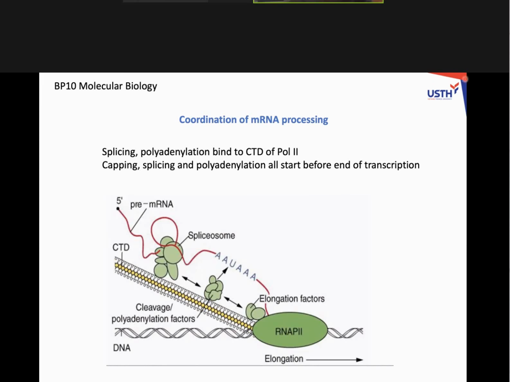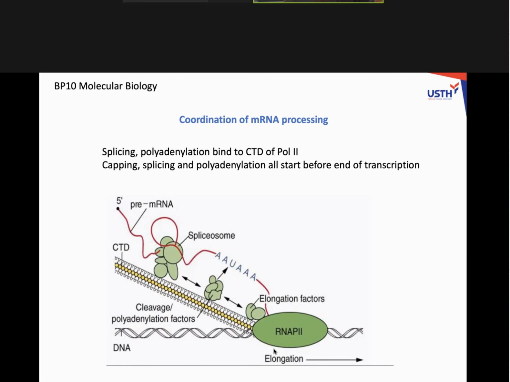This is what I wrote as a summary of all we saw: the splicing, polyadenylation, and I forgot to say capping, bind to this C-terminal domain of the pol 2, and all those processes, capping, splicing, polyadenylation, and editing, I should have put editing, start before the transcription has finished.